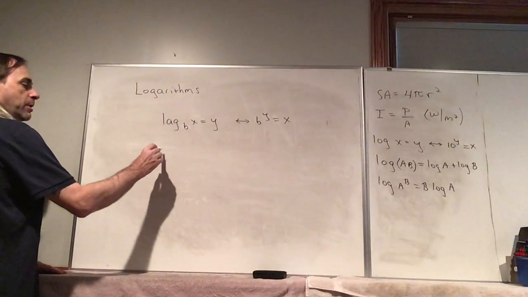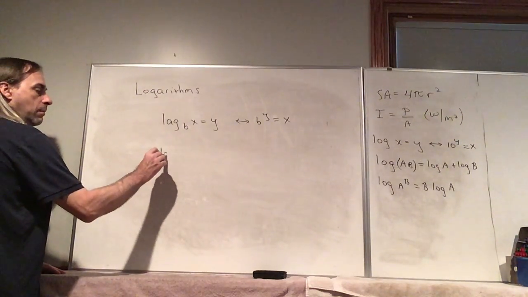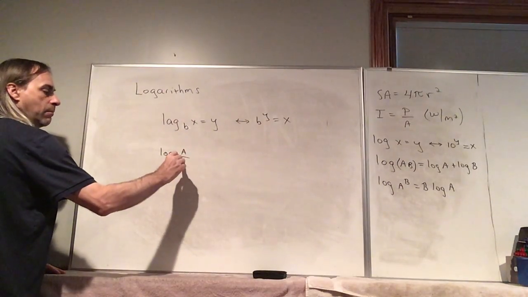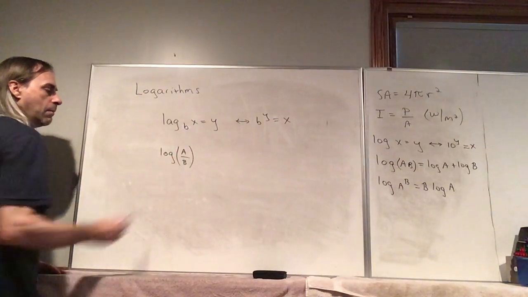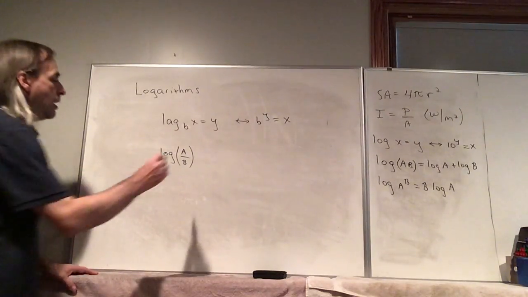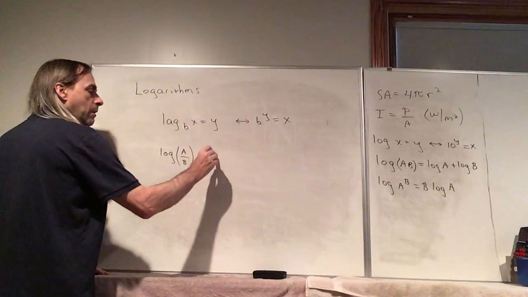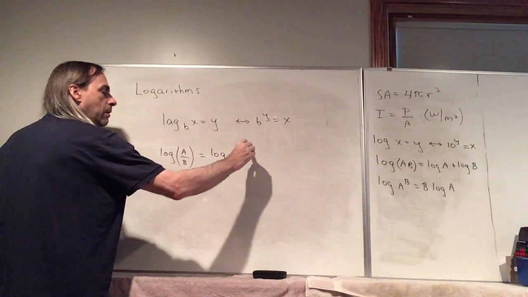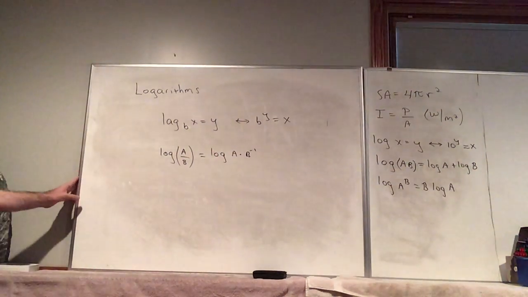Let's look at an example of something you might see. Logarithm of a divided by b. We don't need a special property for this because we can write this as logarithm of a times b to the negative 1 power.